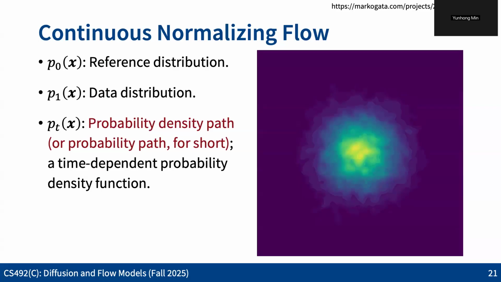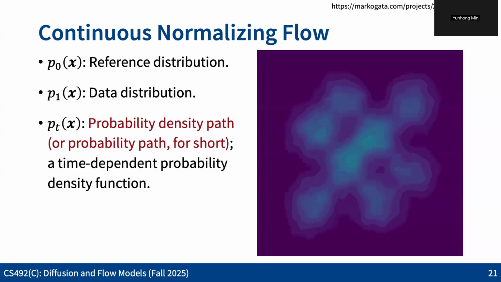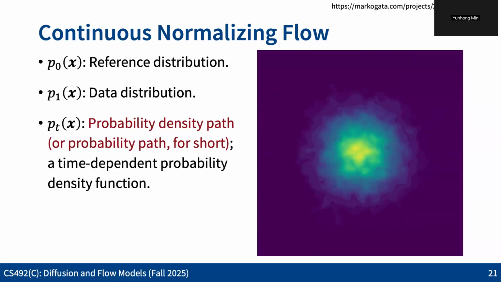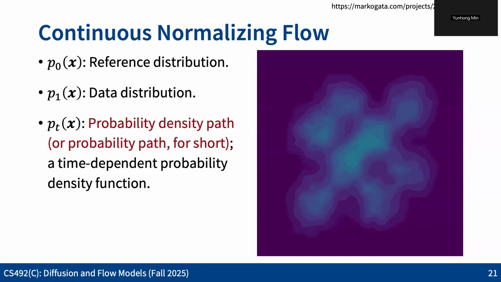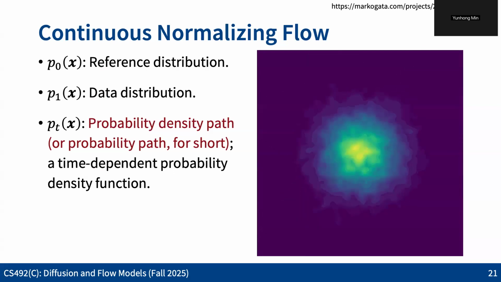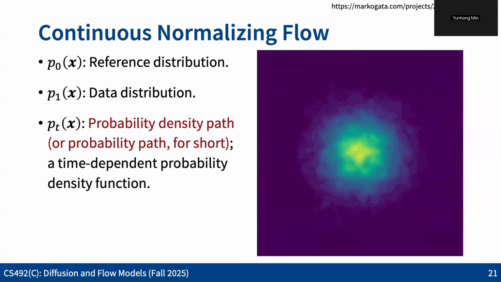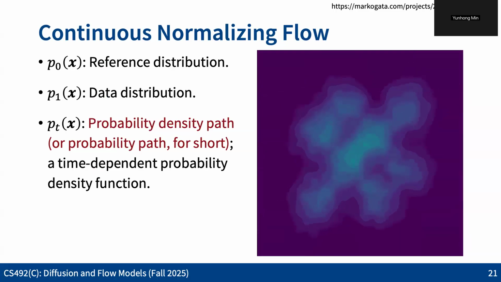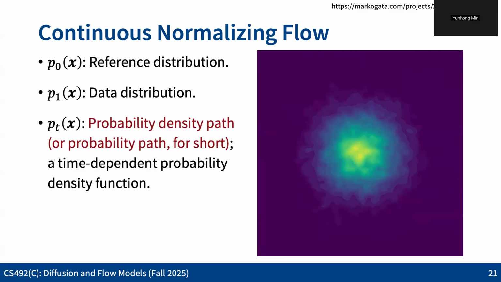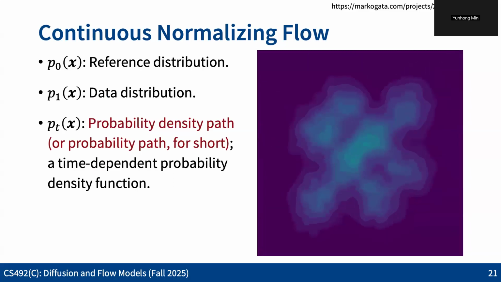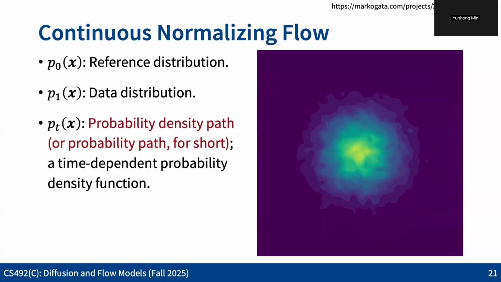So this is basically the same thing: the probability distribution for the intermediate data point xt at time step t. In flow matching, the name for that is the probability density path, or the probability path. Those are some new names for these things.